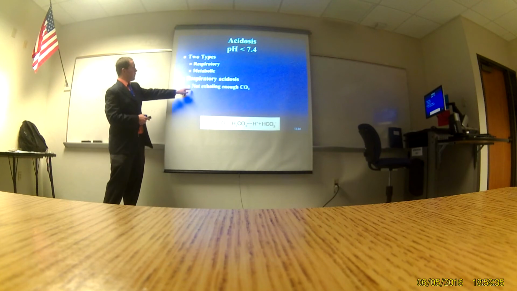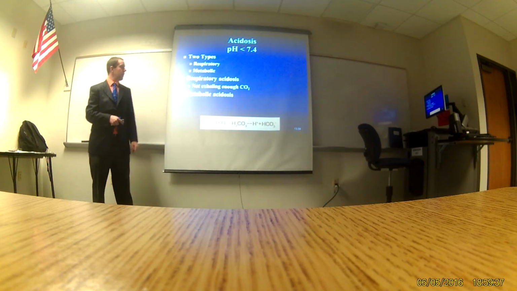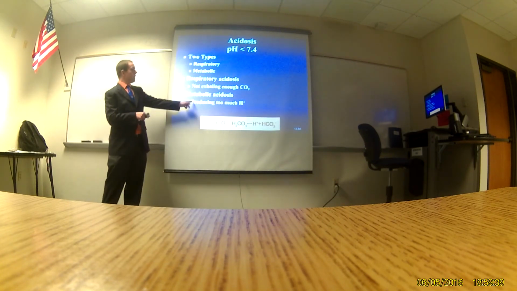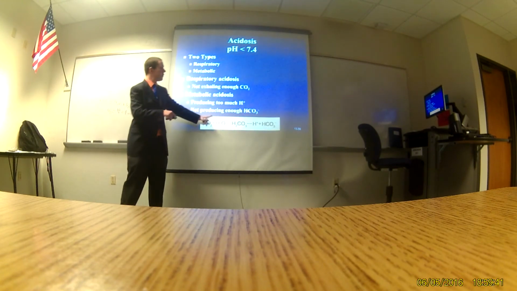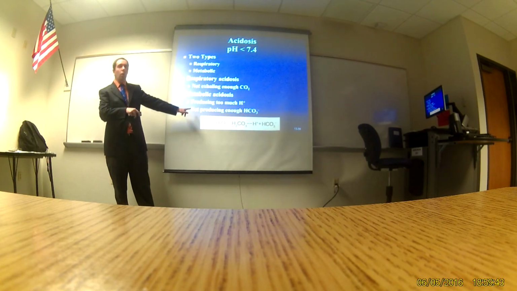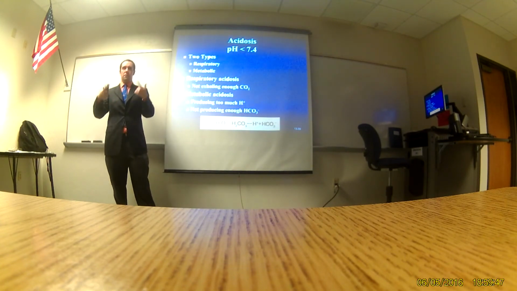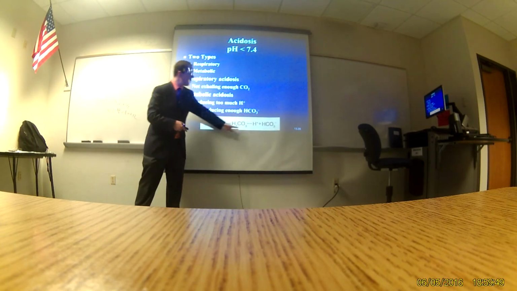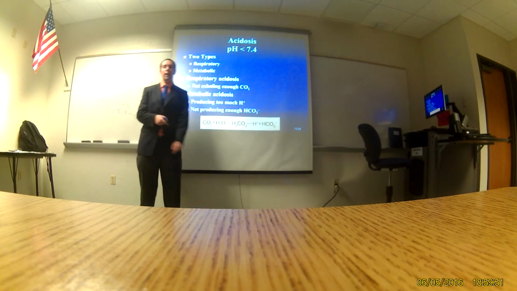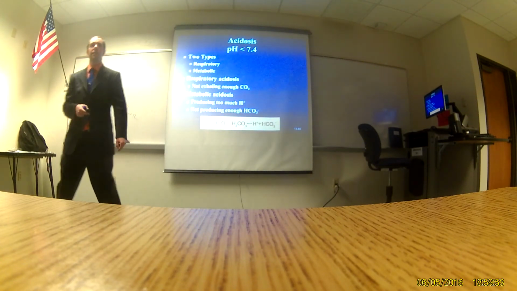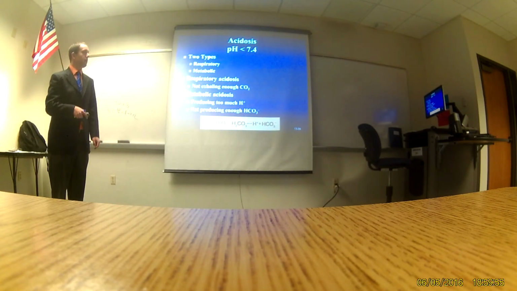So with respiratory acidosis, you're not getting rid of enough CO2. Metabolic acidosis, you're either not producing enough bicarbonate, or if you have a metabolic problem, how much food your cells are breaking down, you can make so much H+, so much acid that your kidneys can't keep up.